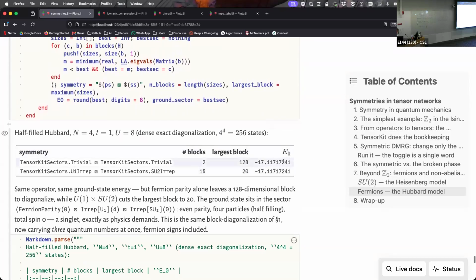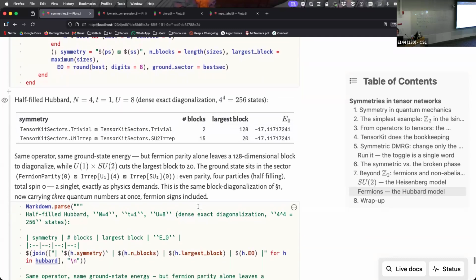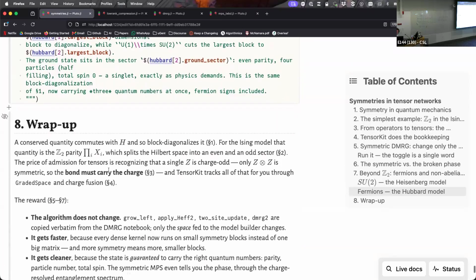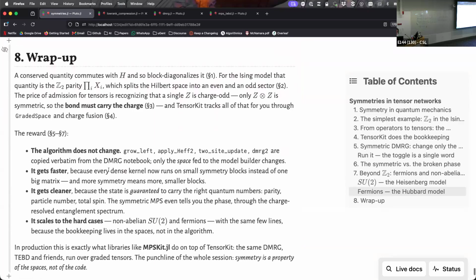And so again, you can show that the results are of course the same because all of this is exact, and keeping all of this in mind, the computations become more efficient. And so finally, I think that is the takeaway of these last 20 minutes: all of the things that we've done today, if you use decent libraries, and of course TensorKit is not the only one that has this, you should be able to write code that doesn't depend on this.